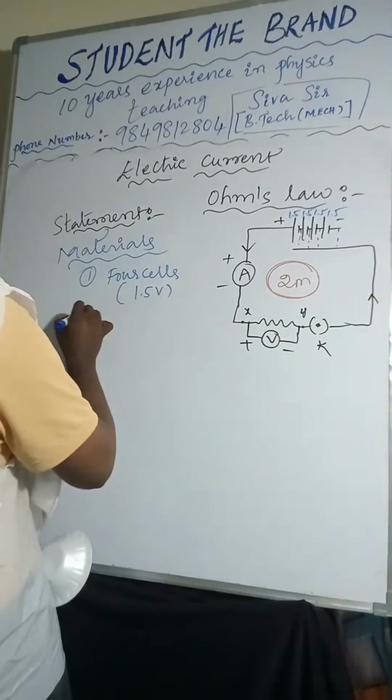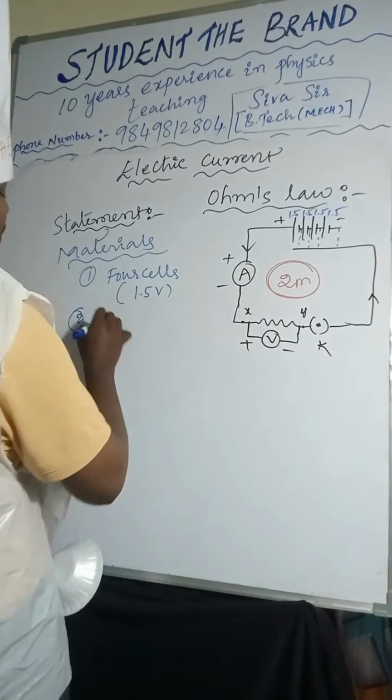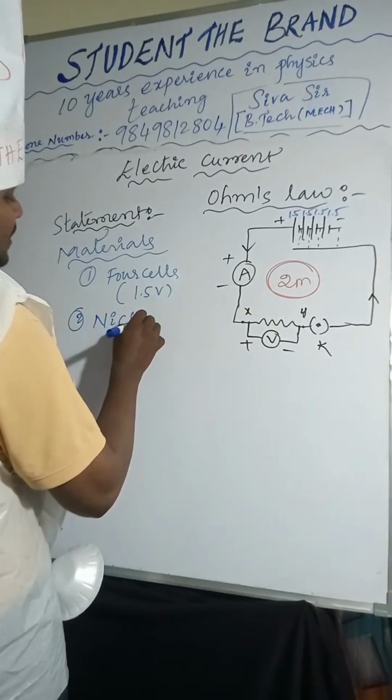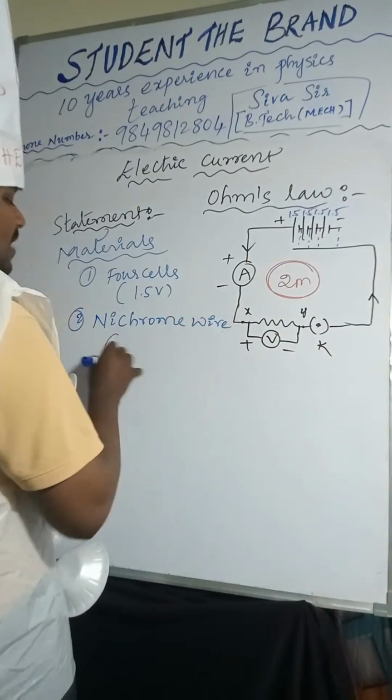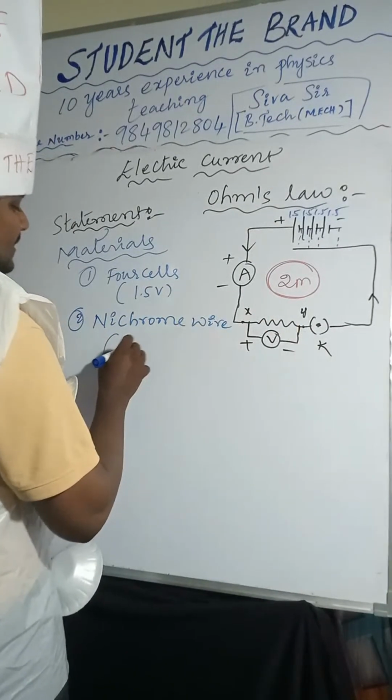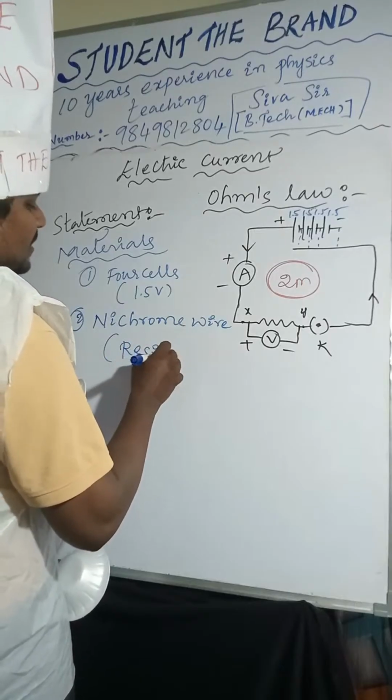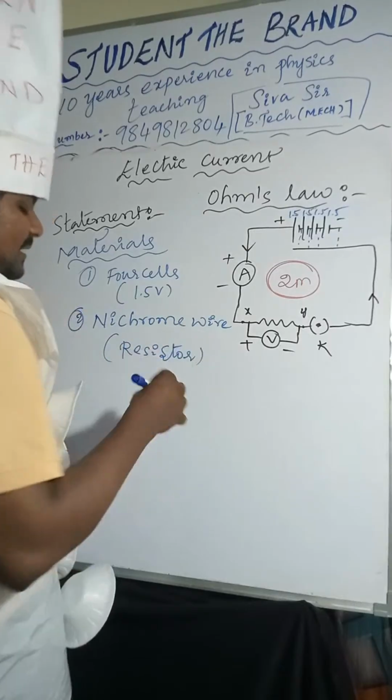Second one, nichrome wire. Nichrome wire is acting as a resistor.